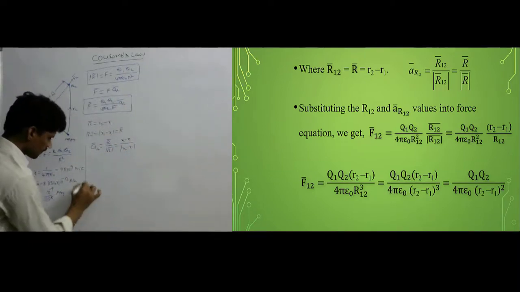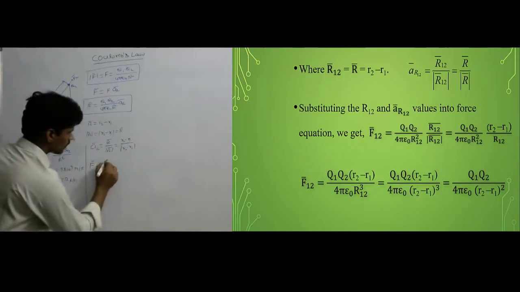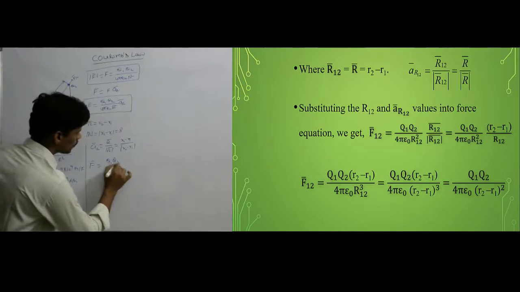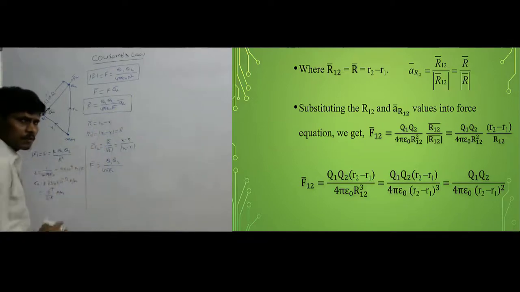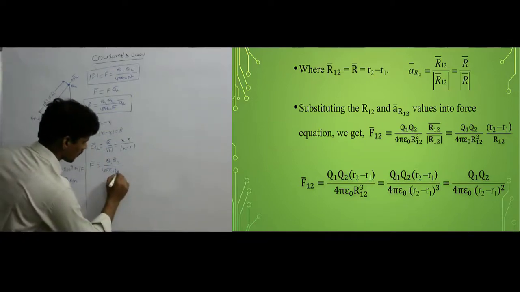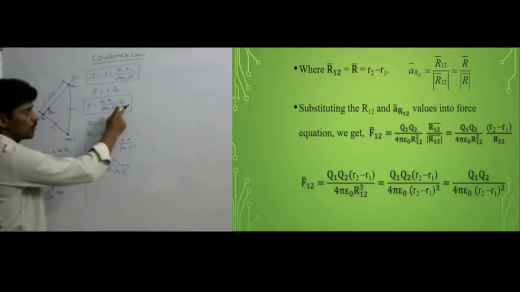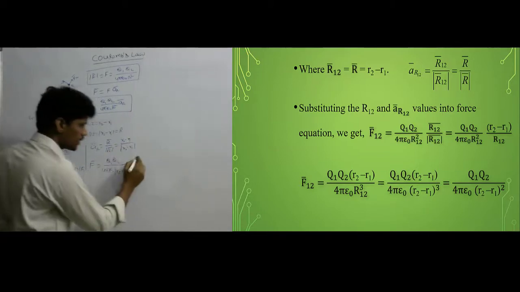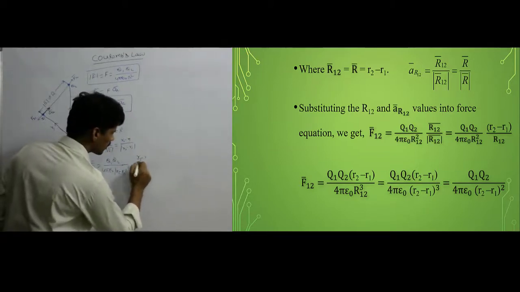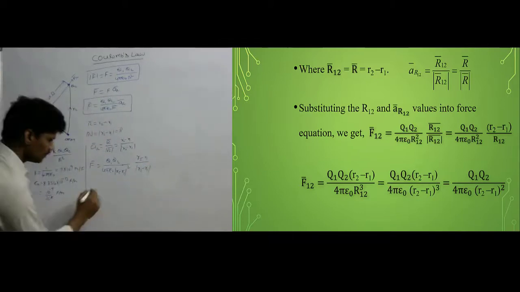force F bar is equal to Q1 Q2 by 4 pi epsilon naught into what is the R value? R is equal to magnitude of R2 minus R1, whole square, into AR bar. What is AR bar? R bar divided by magnitude of R bar. So that is R2 minus R1 by magnitude of R2 minus R1.